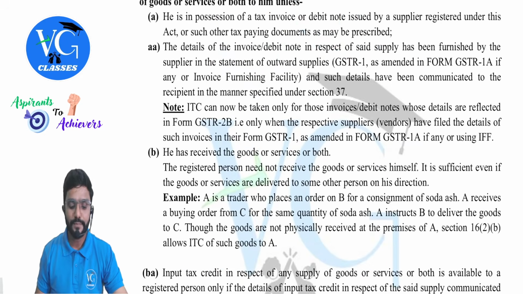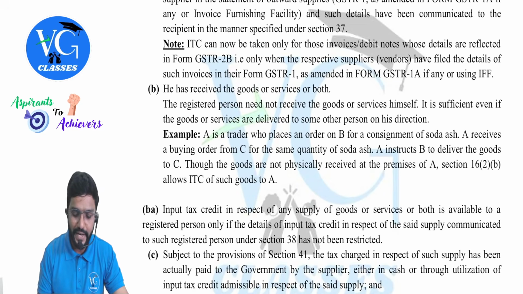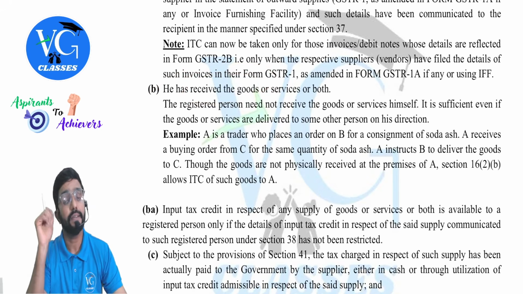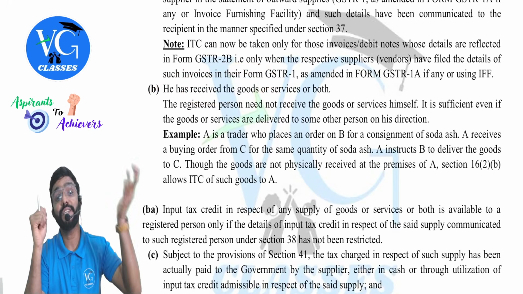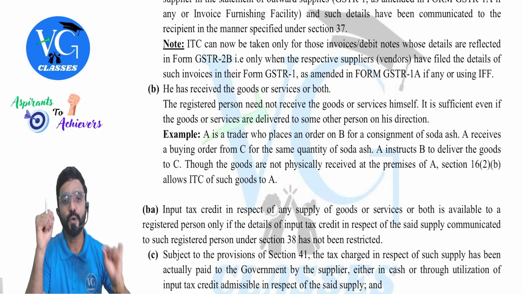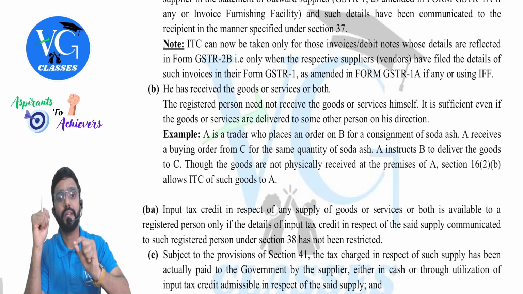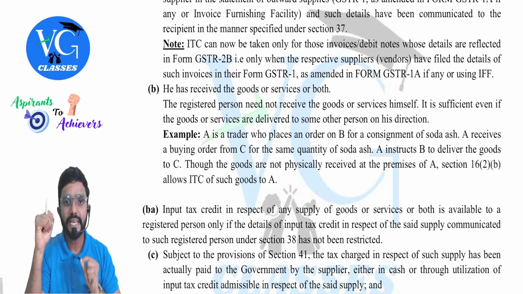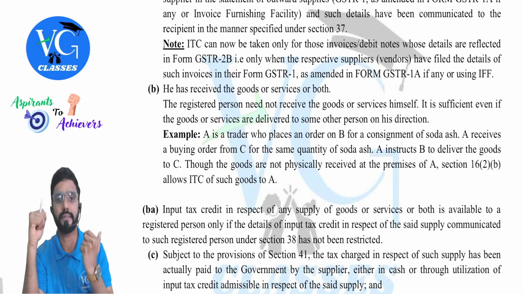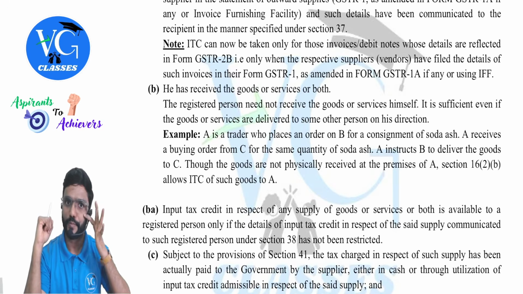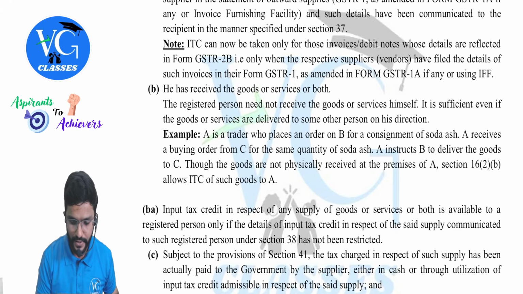So, as per this point also, that is why I read this first. So is it considered to be received by the recipient, sir? Yes. When? Not when he received physically, but when the goods were handed over by the supplier to the transporter, then itself it is deemed to be delivered to the recipient. Is he eligible to claim the credit? Yes, he is eligible. Hope you got it. Yes, sir.